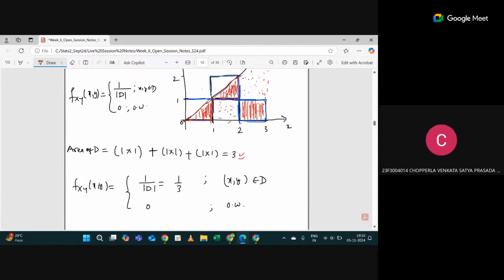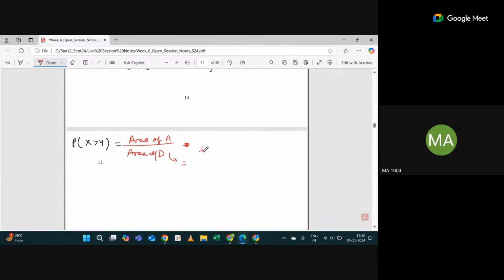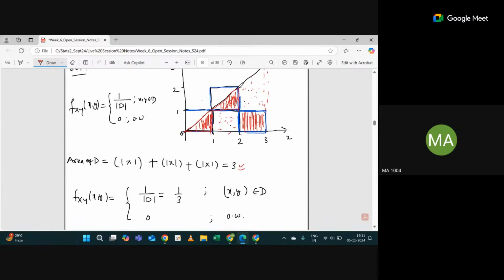You have to find the area of the first triangle. What is the area of a triangle? Half into base into height. So half, base is 1, height is 1. Plus, for the second triangle, again half into base into height. Again base is 1, height is 1, because height goes from 1 to 2 and base is from 1 to 2.